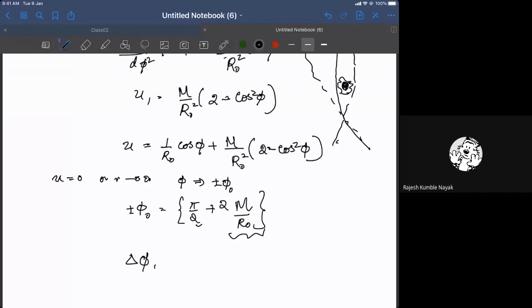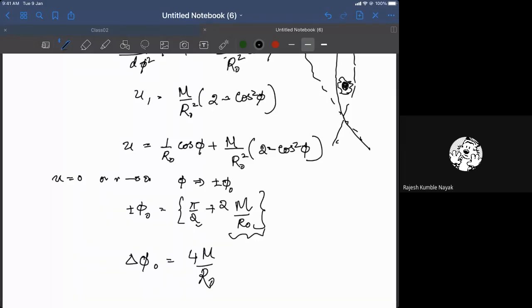Delta phi naught is equal to 4m by r naught. That would be the change, or the angle by which light is deflected from both sides, and that is what you see as a deflection of the sunlight, meaning star light seen.